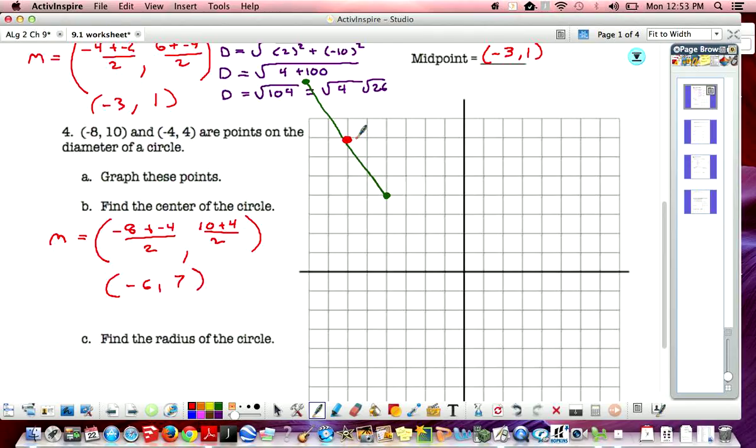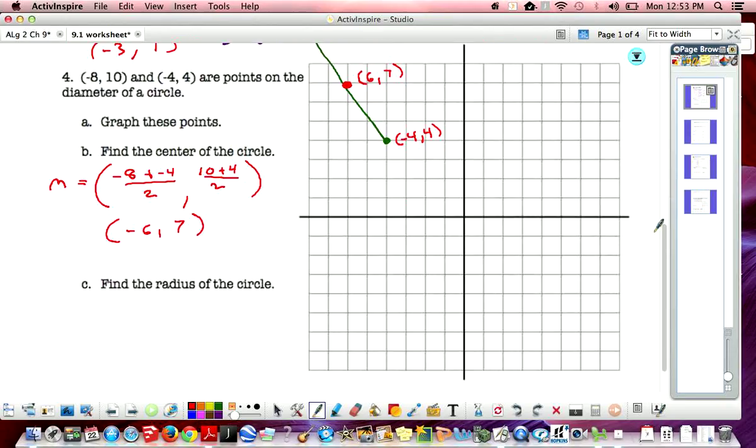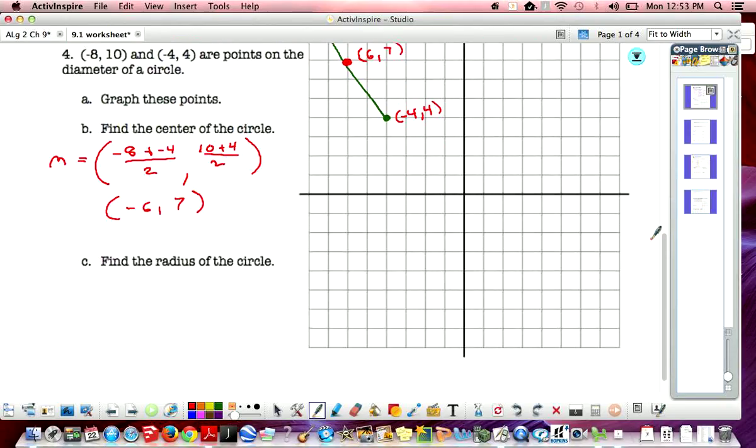Now it asks you to find the radius of the circle. Well, if this point is at 6, negative 7, I'm going to use that point and this point, negative 4, 4, and find the distance between those two particular points. So, do my distance here. My distance is going to equal the square root. I do the x's first.